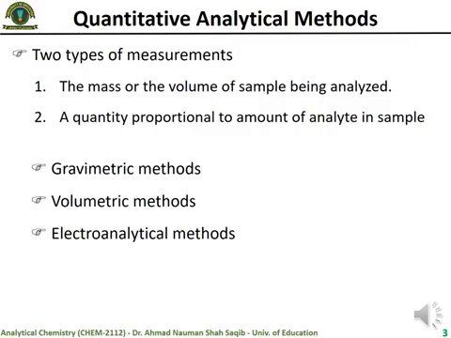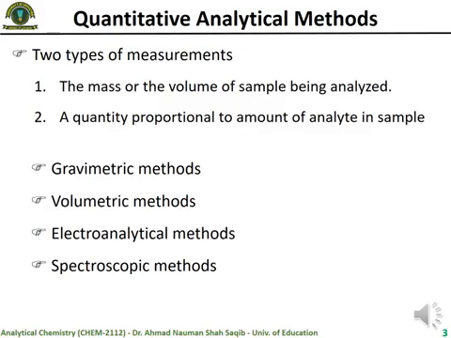After electroanalytical methods, the fourth one we have is the spectroscopic method. Spectroscopic methods are those which quantify analytes in a sample based on the interaction of electromagnetic radiation with analyte atoms in a solution.